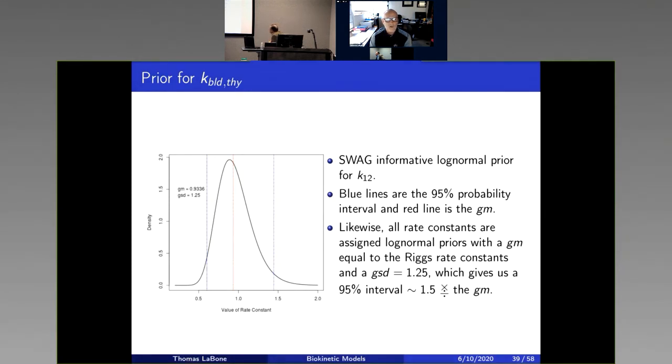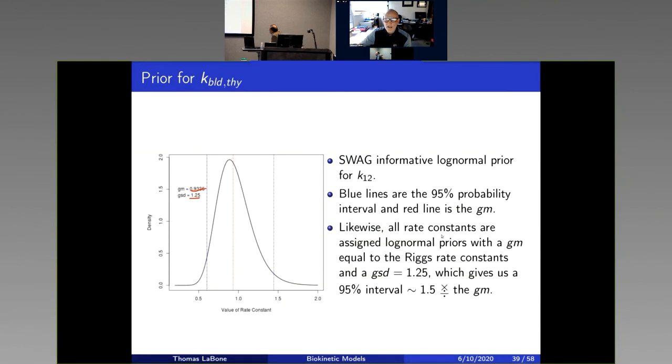We use log normal distributions primarily because you then have all non-negative estimates, since you can't have negative estimates of a rate constant. You can theoretically get 0, but you're not going to get a negative. So that's a 95% confidence interval. We have the geometric mean and the geometric standard deviation, which most people are going to be more familiar with than the log mean and log standard deviation.